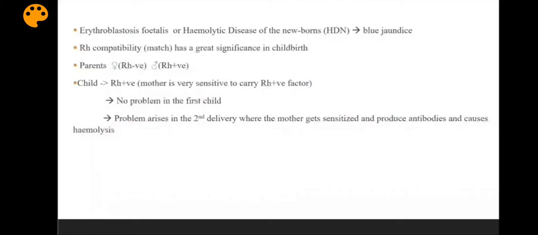During the second pregnancy, at the time of delivery, the problem will occur. The hemolytic disease happens because at the time of first delivery, injury happens and the RH antigen enters the mother's body.